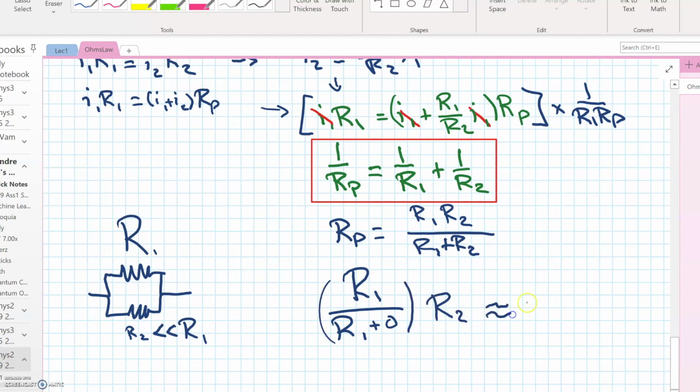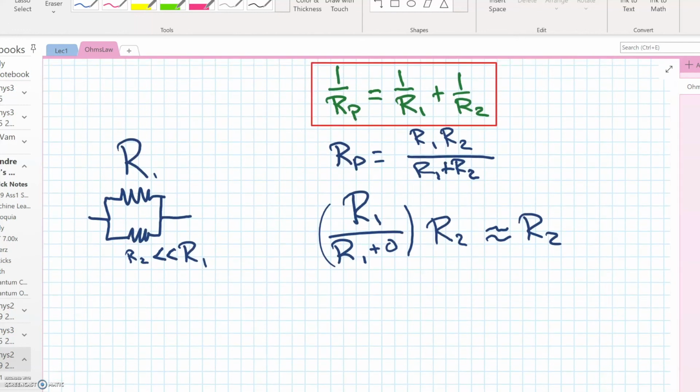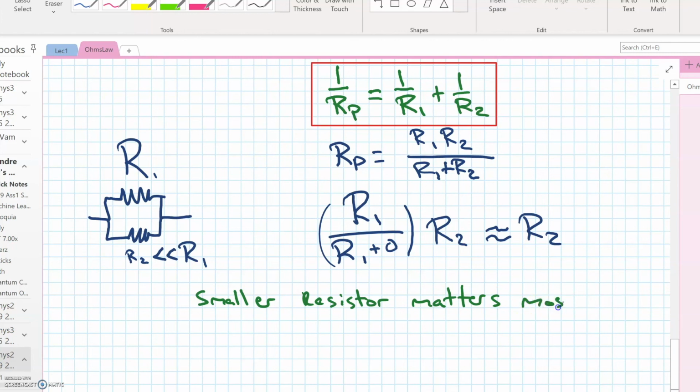And this is going to be approximately equal to R2. So for parallel combinations, a few notes: the smaller resistor is what matters the most. The smaller resistor matters the most. And we always have a parallel resistance which is less than both resistors.